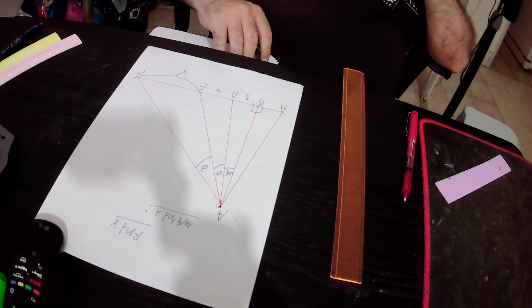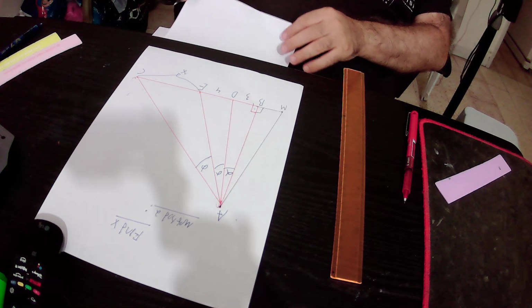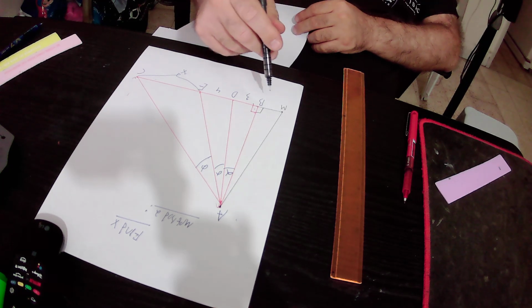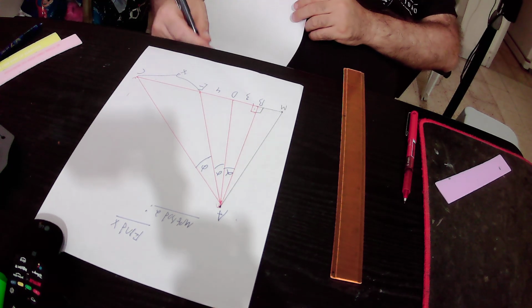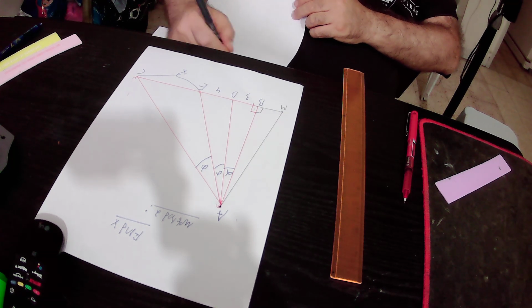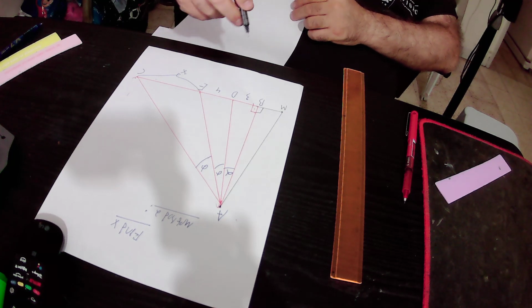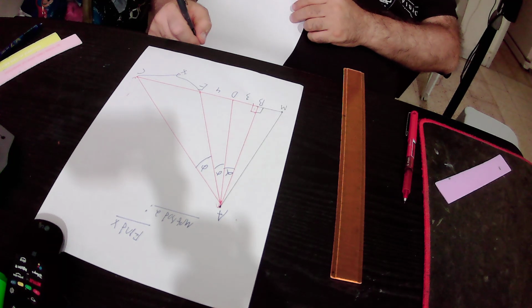Okay, so in the next step we will focus on triangle AMB, the right triangle, and the right triangle, triangle ABD.